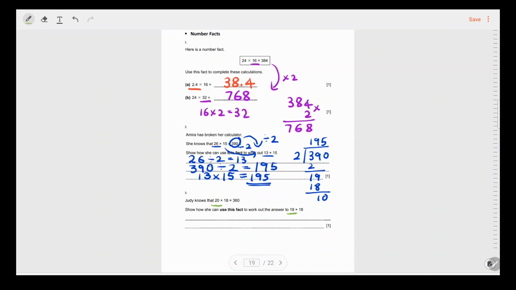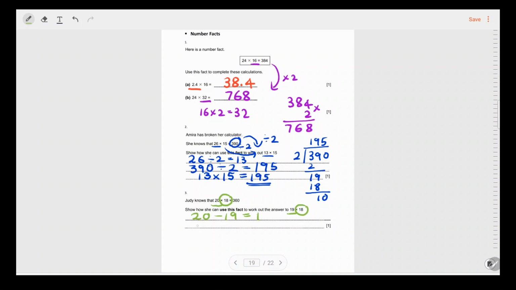So basically, since this is the 18 times table, because 20 minus 19 is 1, we would say that it's 1 times less.